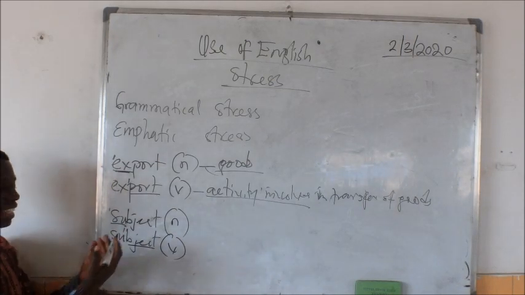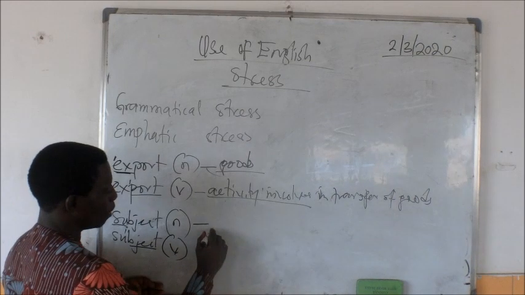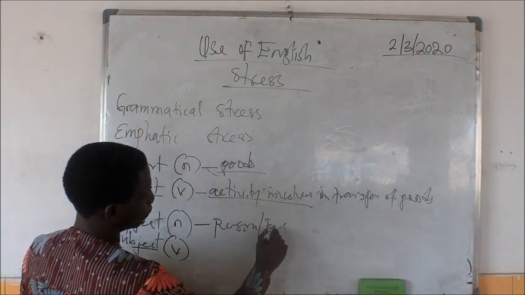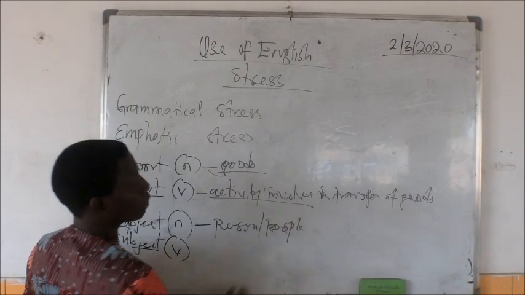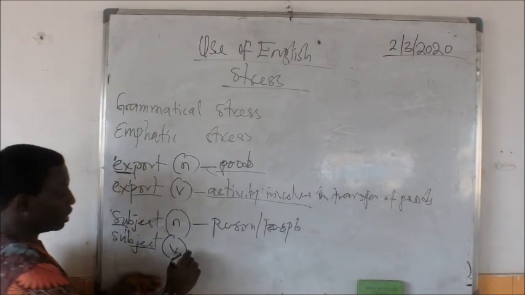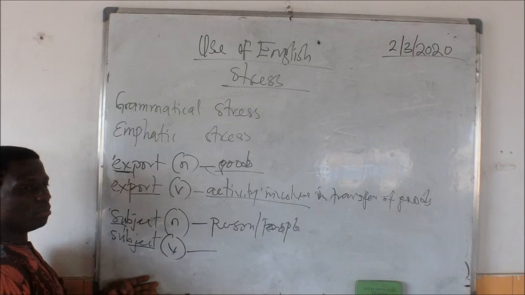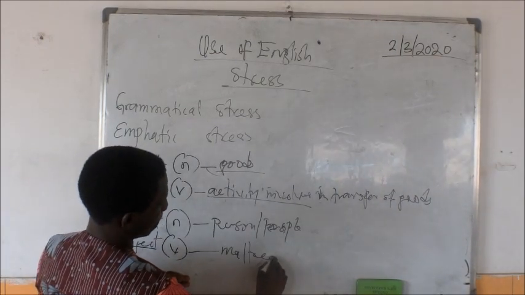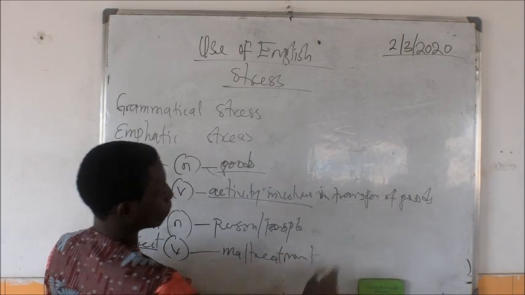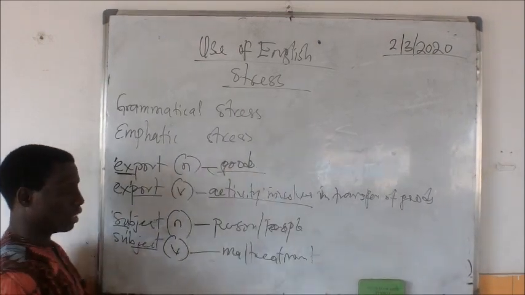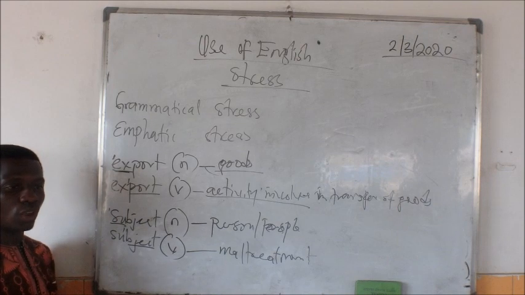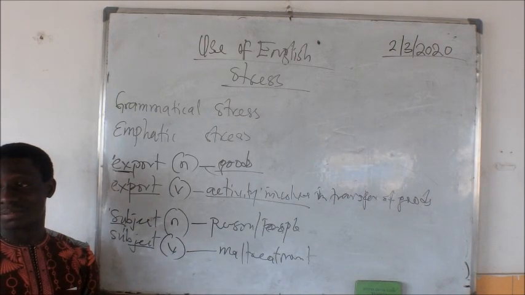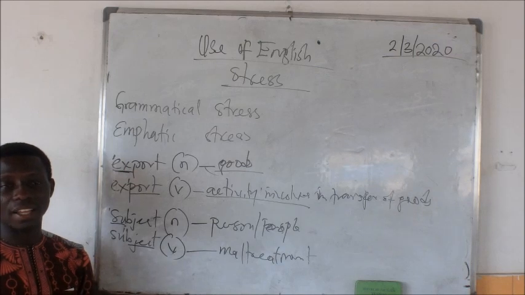Then subject as a noun means what? Person or people. Subject as a verb means maltreatment. Yes, subject. When you subject somebody. Are you getting it?